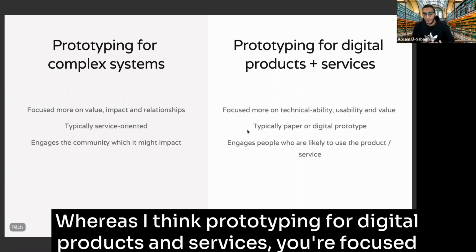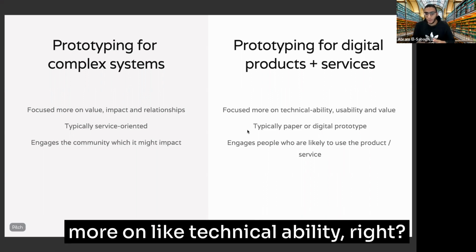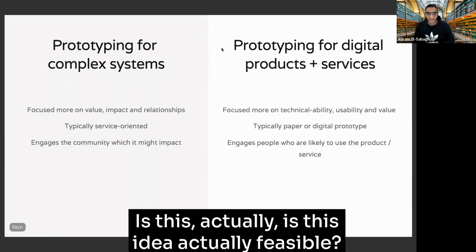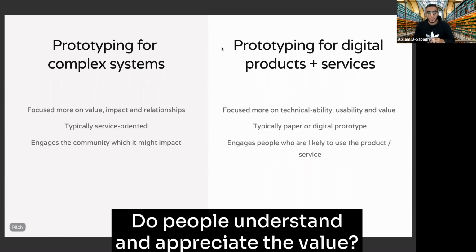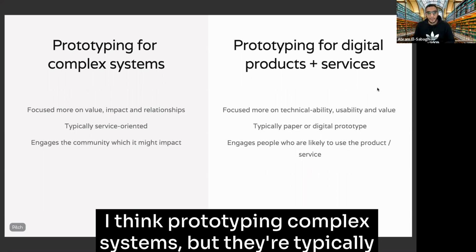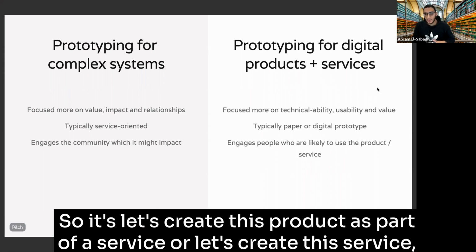Whereas I think prototyping for digital products and services, you're focused more on technical ability, right? Is this idea actually feasible? Is it usable? Do people understand and appreciate the value? I think prototyping complex systems is typically service oriented, right? So it's let's create this product as part of a service, or let's create this service.